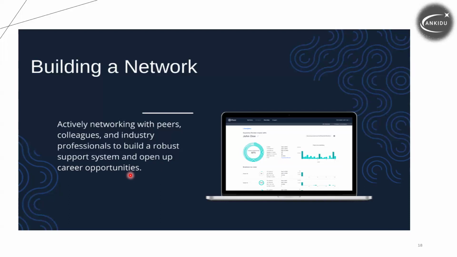But in terms of networking, maybe this new person you just met at a conference, or online, for instance on LinkedIn, a place where you have many professionals in the oil and gas industry, may introduce you to the company they work in. So there's a new opportunity for you to go fast and get your dream job.